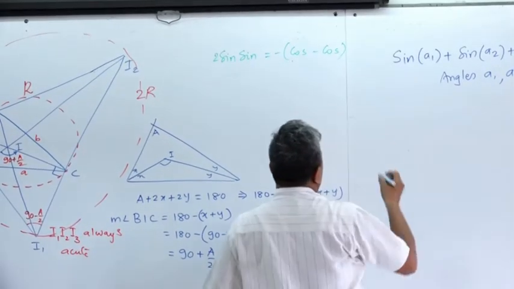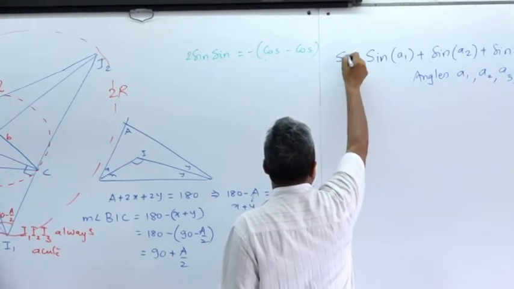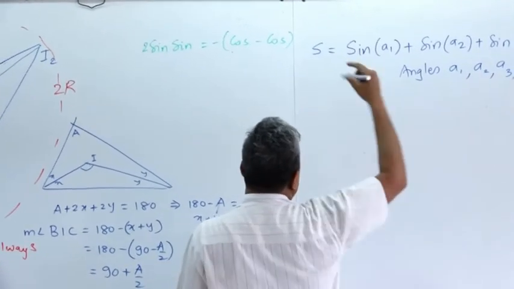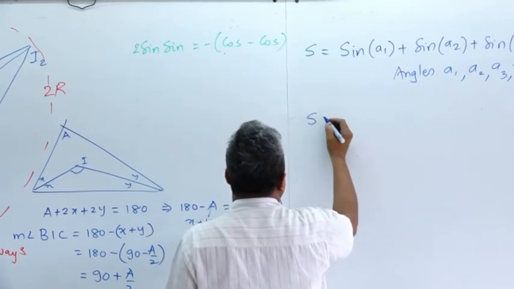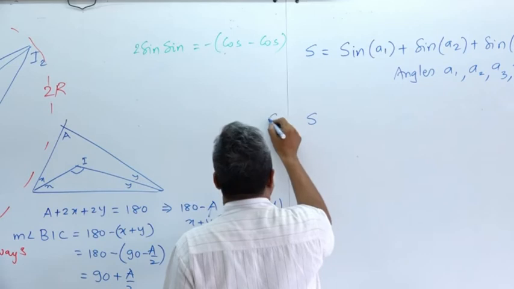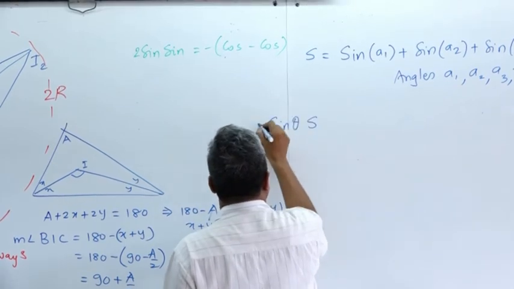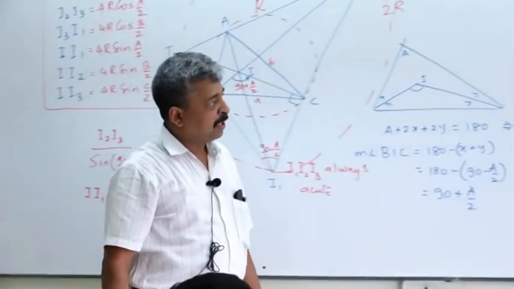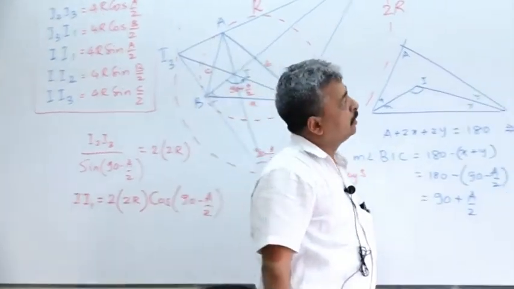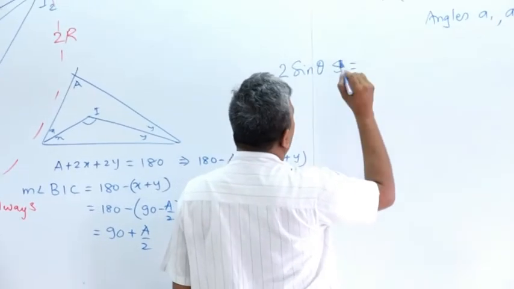Now, let us multiply this entire sum. Let this sum be S. Let us multiply this sum by 2 sin theta, where theta is some angle. S multiplied by 2 sin theta.